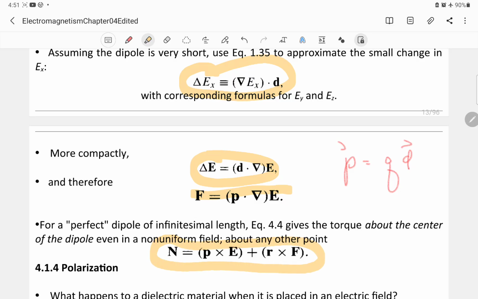It's going to be composed of two terms: the torque due to the electric field, and the torque due to the forces acting on the concentrations of positive and negative charges.